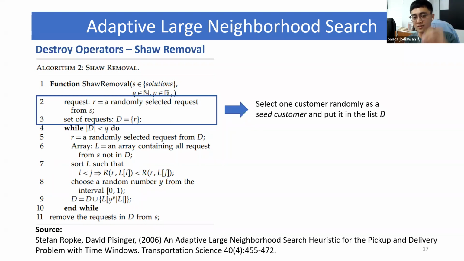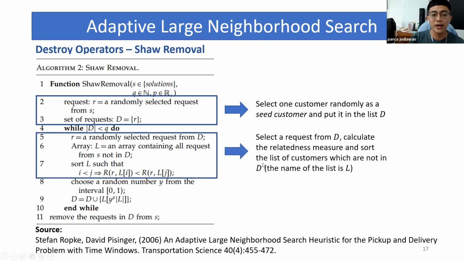That will be the seed customer, and you take it out and put it in the list D. D means the list of the customers that you have removed. That's the first phase: select one customer randomly as the seed customer.